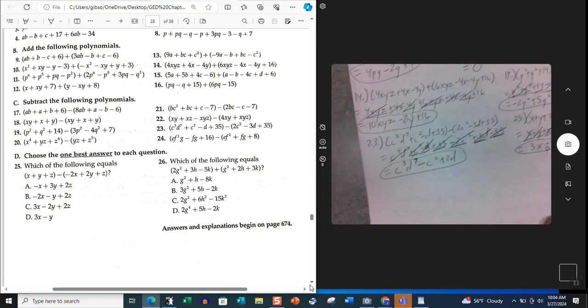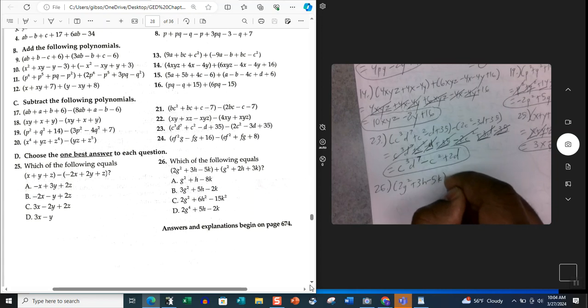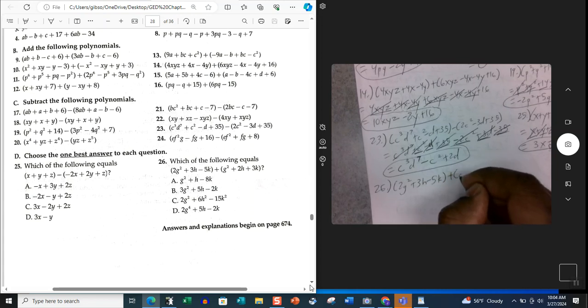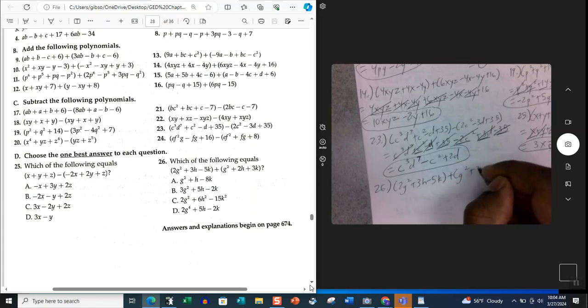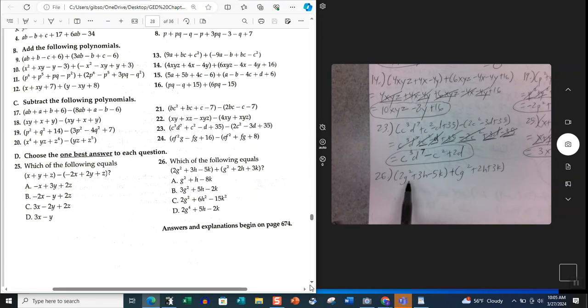All right, so now we go to 26. We have 2g squared plus 3h minus 5k plus g squared plus 2h plus 3k. So it's nothing that could be combined in either parenthesis.